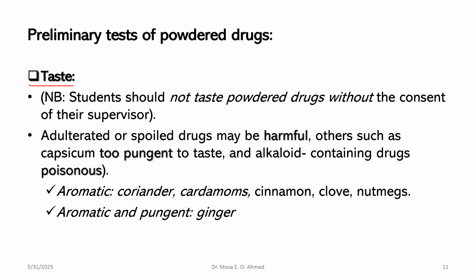But it's important to note that an adulterated sample may be harmful, may contain toxic drugs, or may be too pungent to be tested, such as capsicum, chili or pepper, which is very pungent and could be harmful to us when tasted. Also it can be too toxic, like a drug containing alcohol.